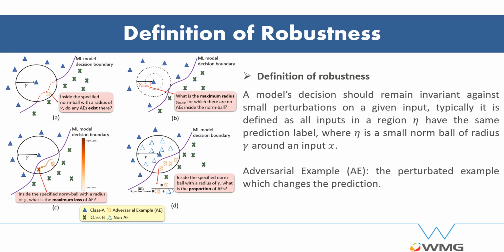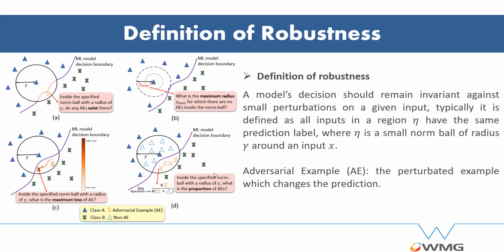For text-to-image diffusion models, we found that existing work just focuses on deterministic robustness, like the first three types described in the image. And there is little work that cares about probabilistic robustness.